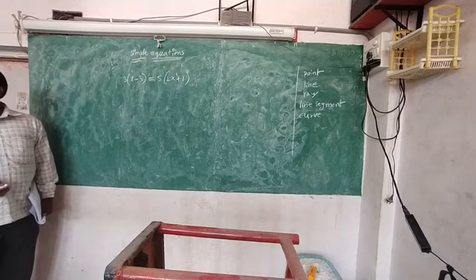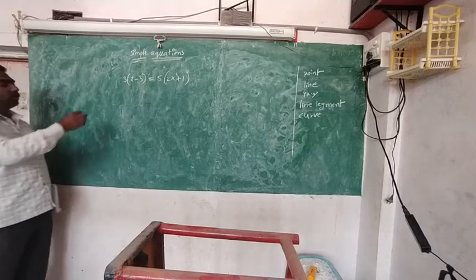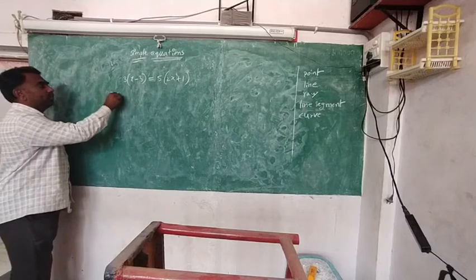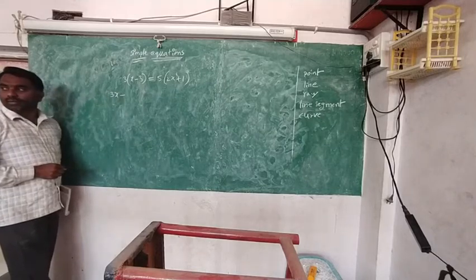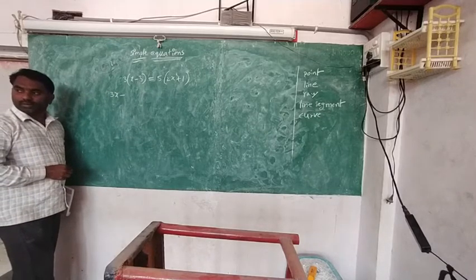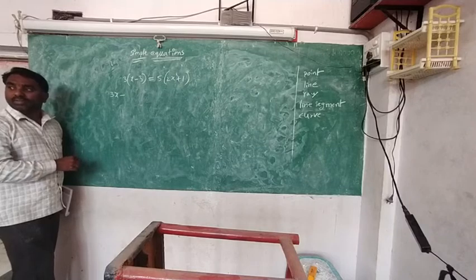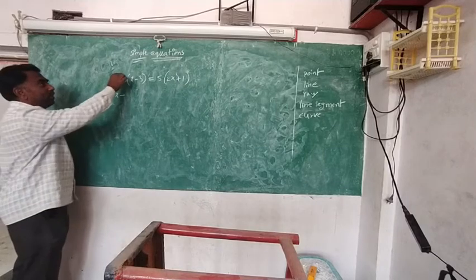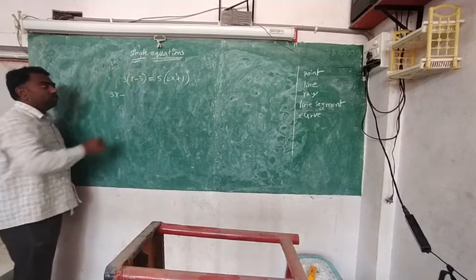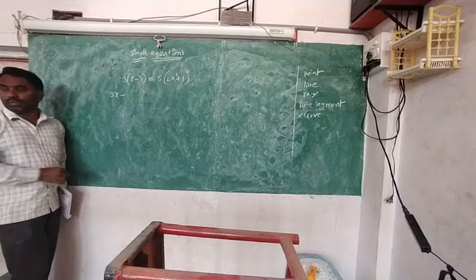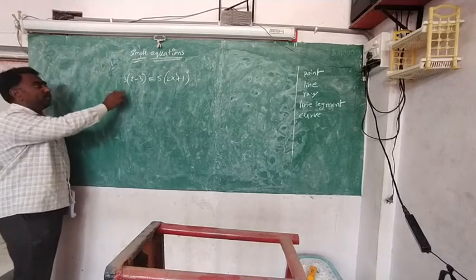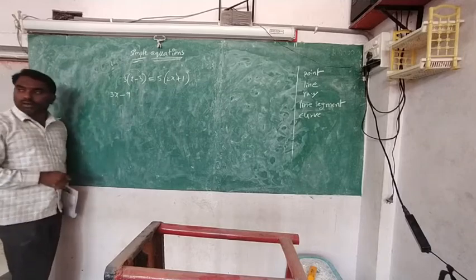Because bracket means multiplication, multiply. 3x minus 9. We should multiply with both terms. 3 into x is 3x, minus 3 into 3 is 9.